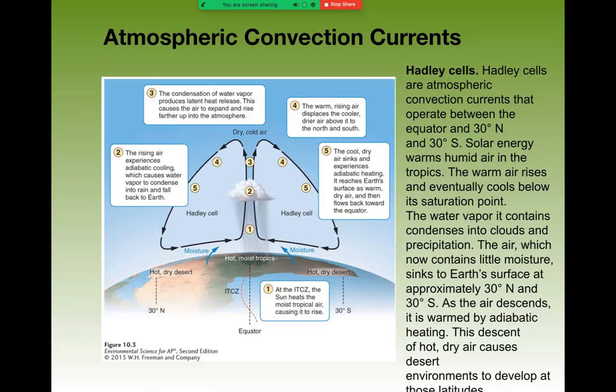At some distance from the rising point, it begins to fall. As it falls, you'll have air moving in toward the high pressure zone to replace the air that is rising. And you end up with this cell, or convection current, that is a cycle.